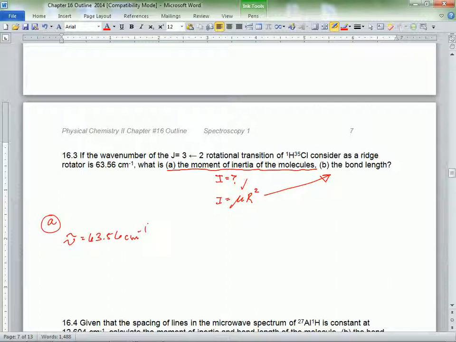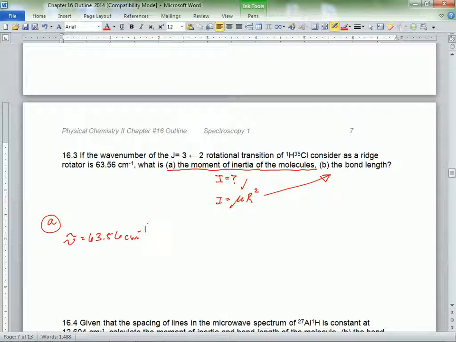So wave number of a rotational transition, we know the energy difference between states.